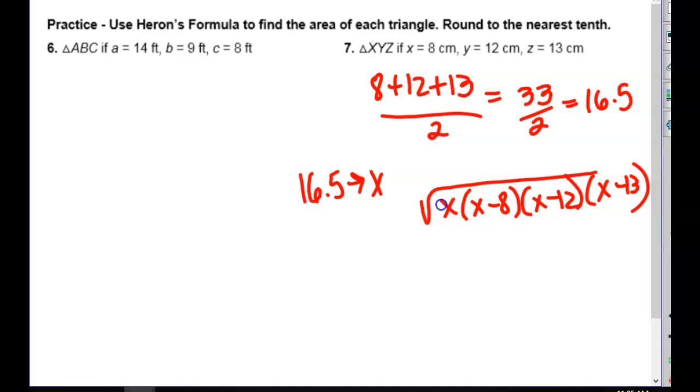Now, if I was you on the quiz, I would do this kind of problem twice probably. Make sure you get the same answer, because if you type something wrong, you can't get a 5, right? So I got 46.999 or 47 centimeters squared.